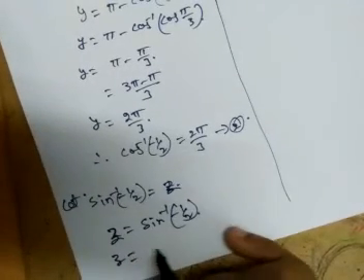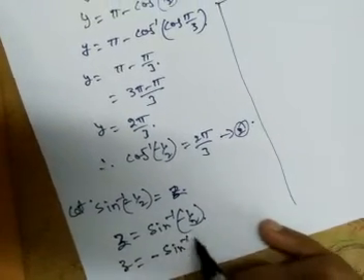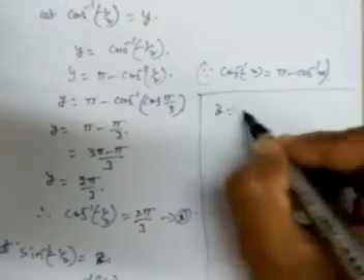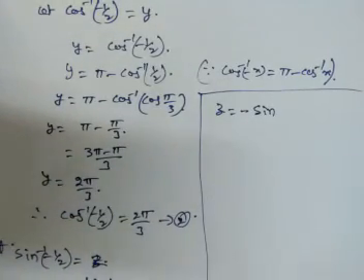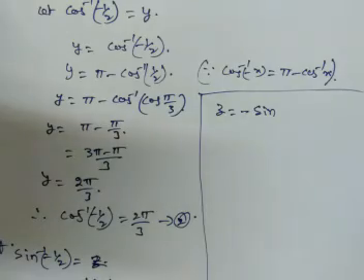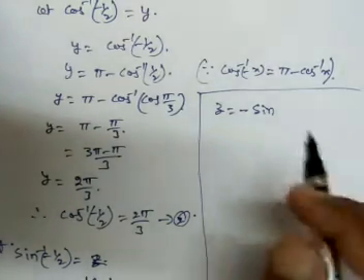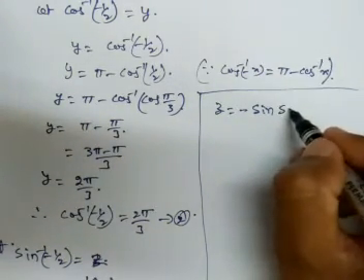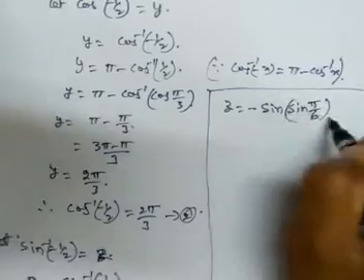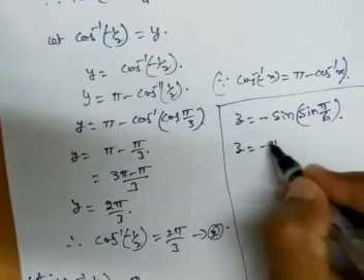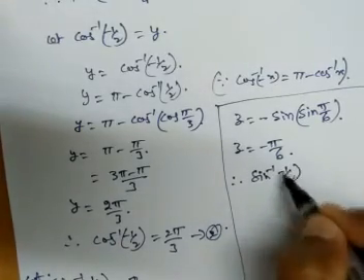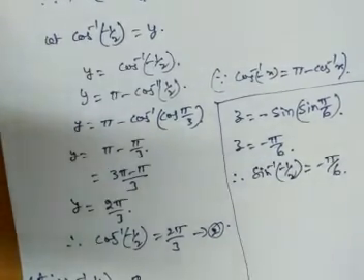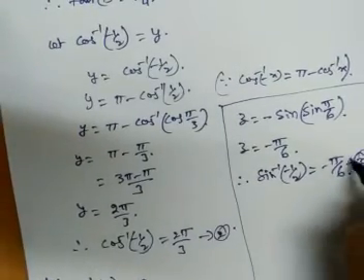Then you can write this as minus of sin inverse of 1 by 2. So z equals minus of sin inverse of 1 by 2. At which degree in the sin function does the value become 1 by 2? Sin 30 is 1 by 2. You can write this as sin pi by 6. So z equals minus pi by 6. Therefore sin inverse of minus 1 by 2 equals minus pi by 6. Assume this is the third equation.